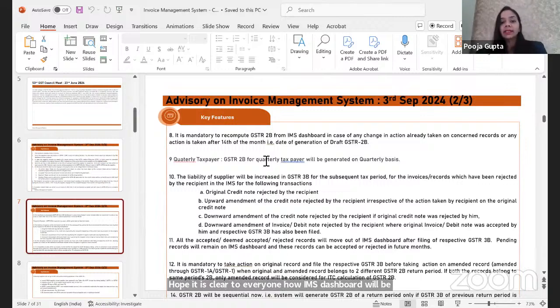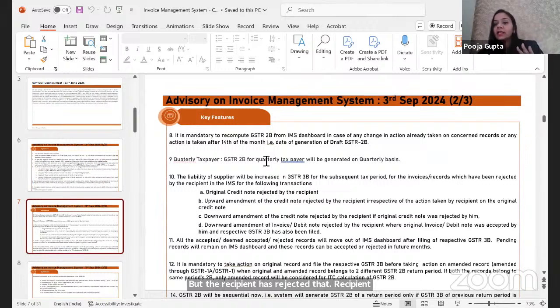And the next thing that is most important from the supplier's point of view is that there are certain things on which supplier liability will get automatically increased based on the action taken by the recipient. Let us suppose the supplier has shown a credit note of 10K in their GSTR 1, but the recipient has rejected that, saying it doesn't pertain to me.